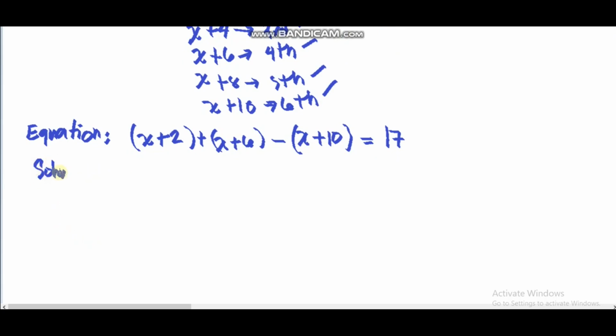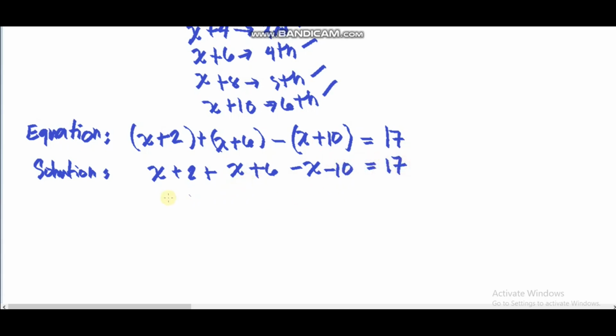For the solution, first we remove all the parentheses. This is important, especially with a negative. Because if there's no parentheses, the negative will only apply to the first term. But in this case, we will distribute the negative. We will have negative x and negative 10 equals 17.